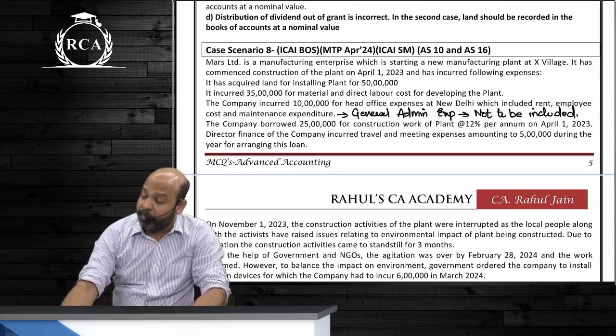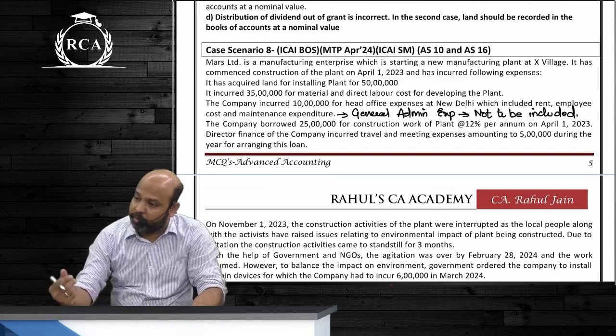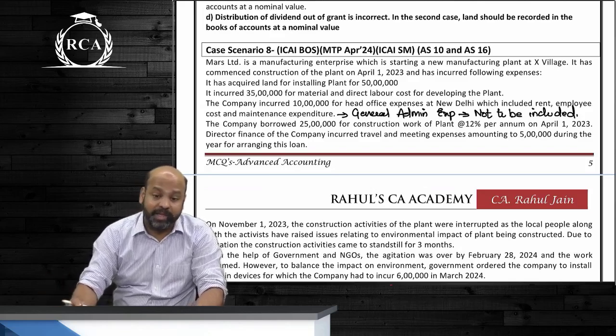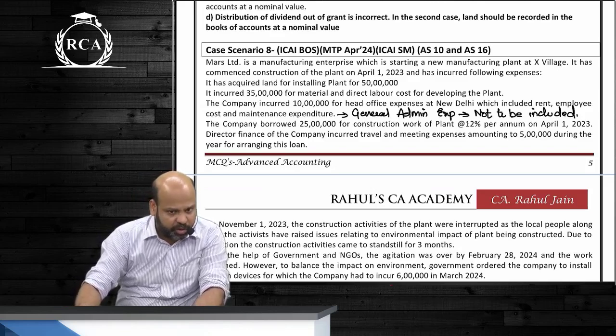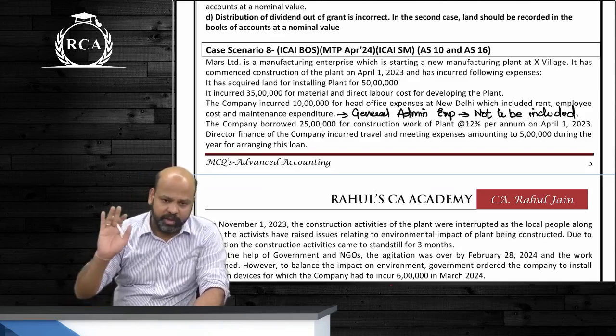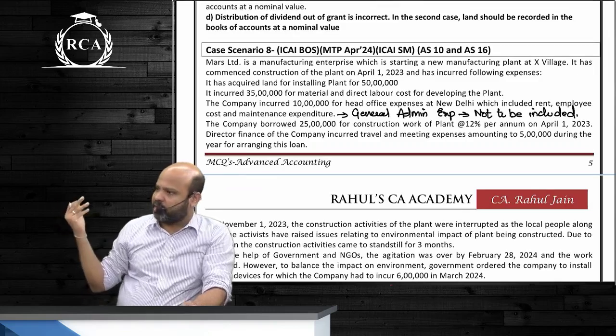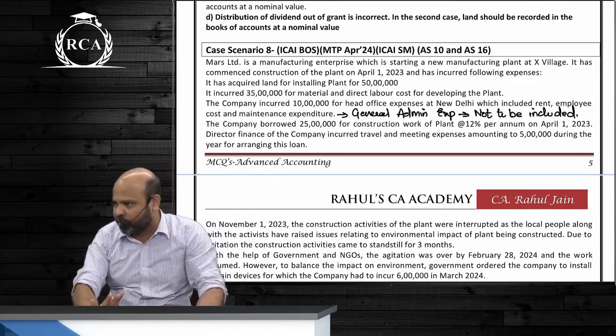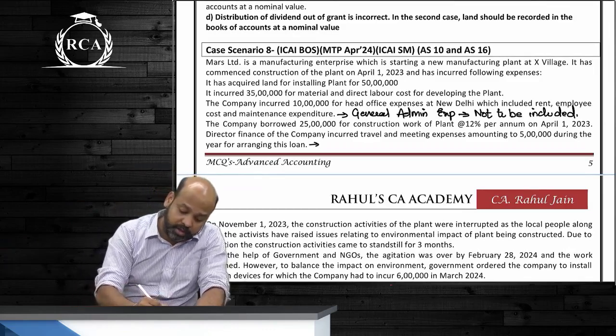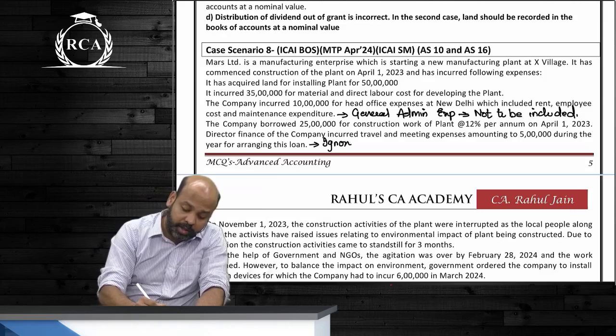Guys, big question mark, ambiguity. Companies can argue that this is an ancillary expenditure in relation to procurement of borrowing, and that is why it is included in the definition of borrowing cost. Not as per our syllabus. If we include such random things, beta, we will argue that everything we were doing throughout the year was in relation to arrangement of borrowing only. That is why here, beta, what will you write here? Ignore, not to be included.